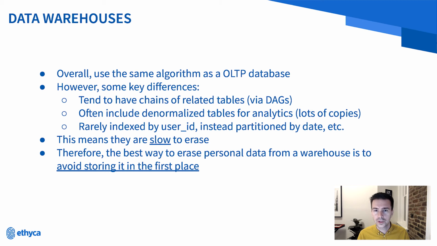Furthermore, they often don't have the same kinds of indexes, especially not on the things that your eraser algorithms want to index on, like email addresses or user IDs, and instead they get partitioned by things like date. This means that overall, erasing personal data from warehouses is just slower than in application databases.